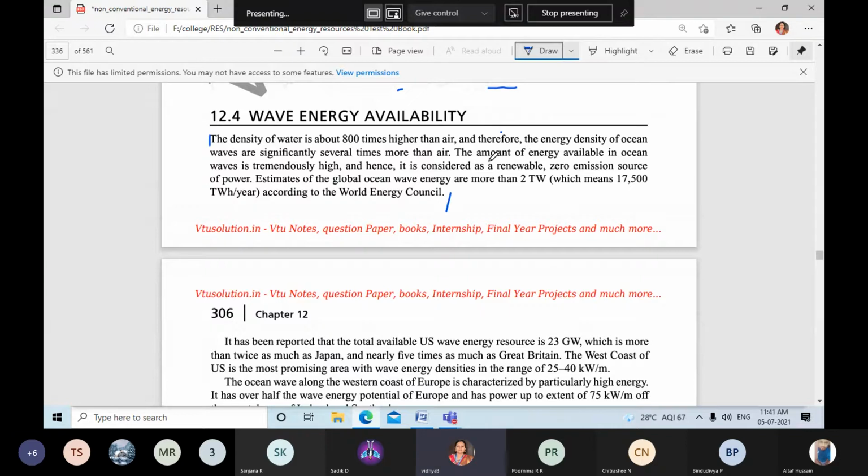The amount of energy available in ocean waves is tremendously high, and it is also considered a renewable, zero emission source of power.